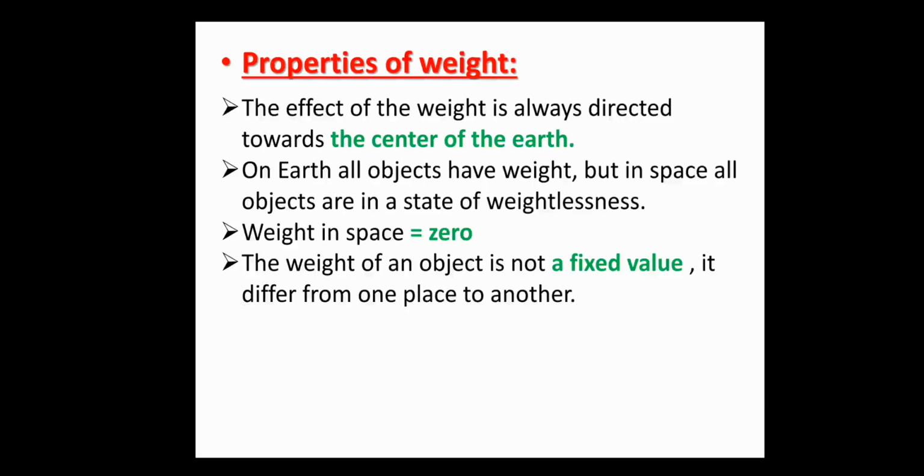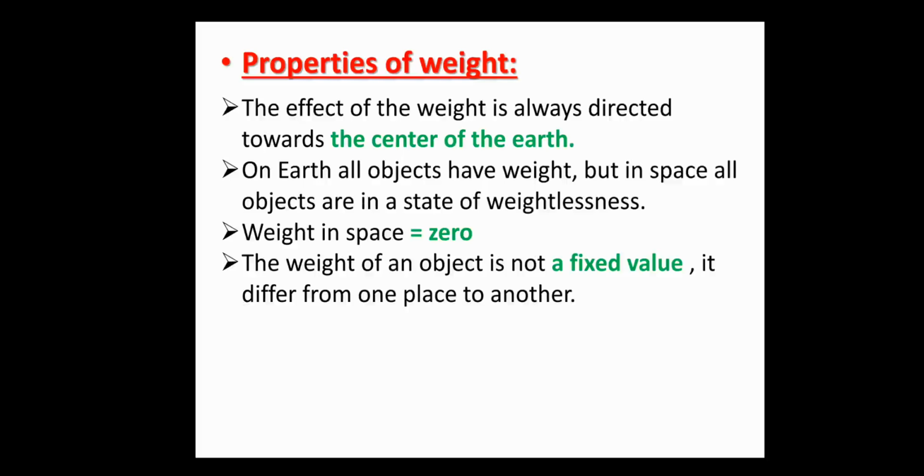What is the mass? Mass is the amount of matter in an object. And there are 3 properties of the mass. The mass of an object will increase when you increase the amount of matter. Remember your bag: when you increase the number of your books, the mass of your bag will increase.